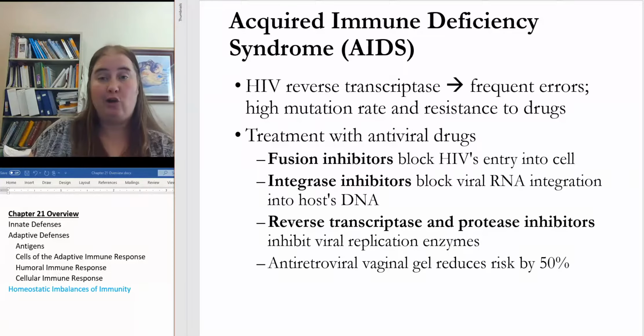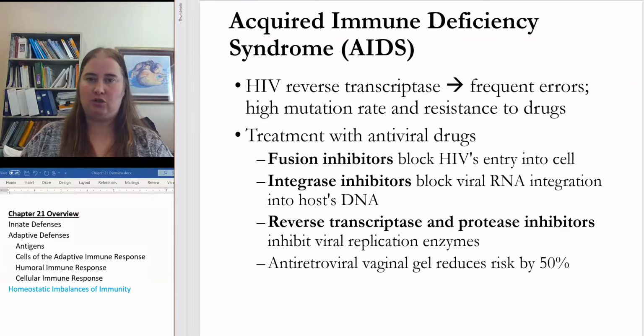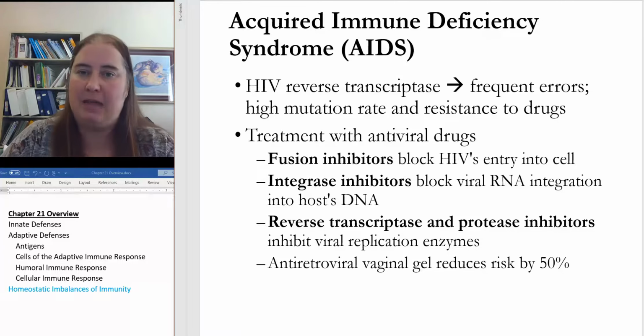So this is why early in the discovery and treatment of people with AIDS, it was so hard because they would make a drug that targets that reverse transcriptase, and then the virus would just mutate, and then that drug was no longer effective against that enzyme.